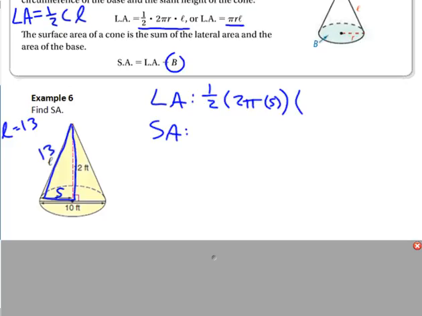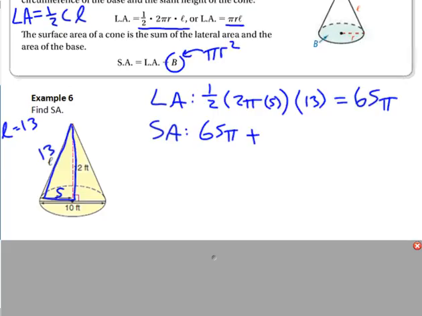So times 13 here. And I type that into my calculator. 5 times 13 would be 65. So it's going to end up being 65 pi because the 1/2 and the 2 cancel out, and that's dealing with feet squared. And I add that 65 pi plus the area of the base. And we know area of the base would be pi r squared.